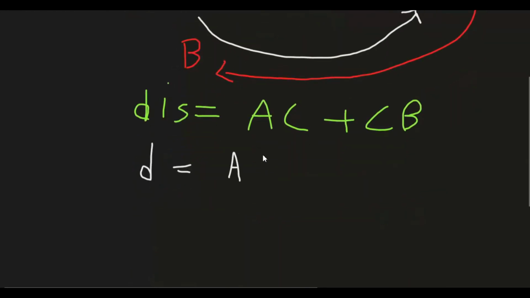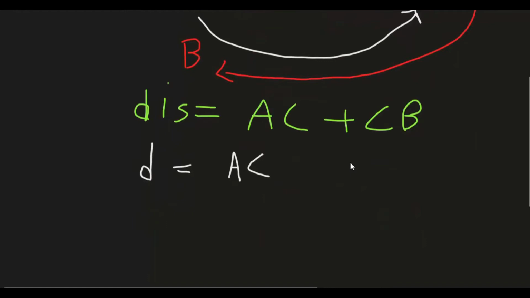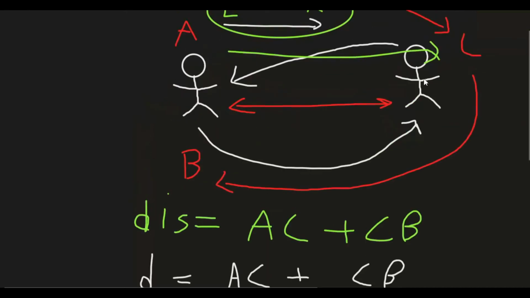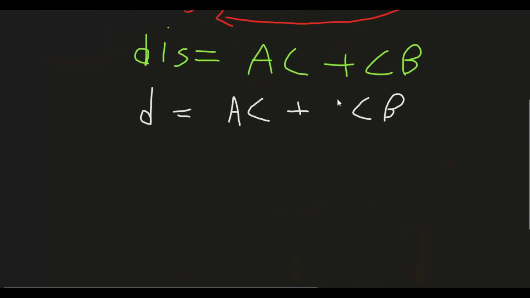So just ignore that. So it's AC, and then he moved from C to B. However, the direction from C to B is negative because left to right is positive and C to B is right to left. So it's like this direction, which we know is negative, so we will put a minus here.